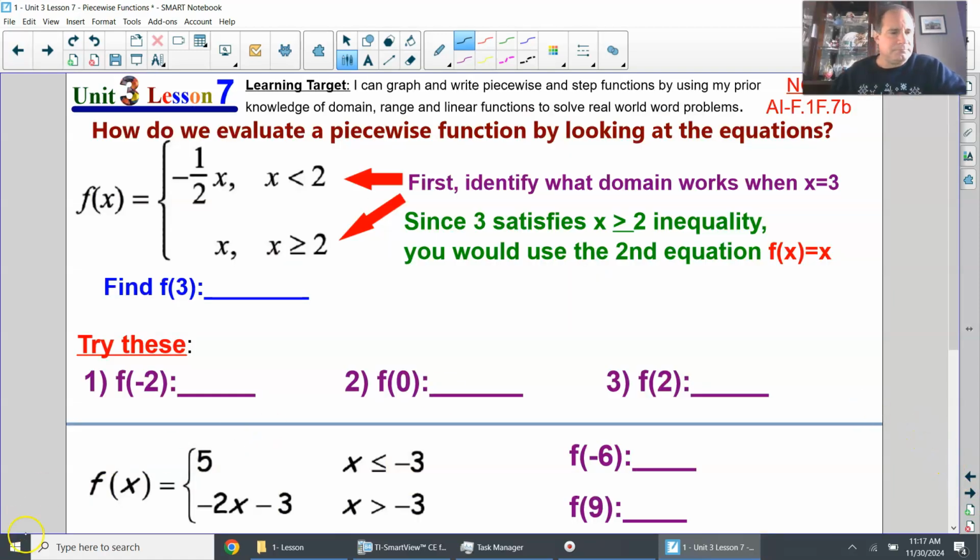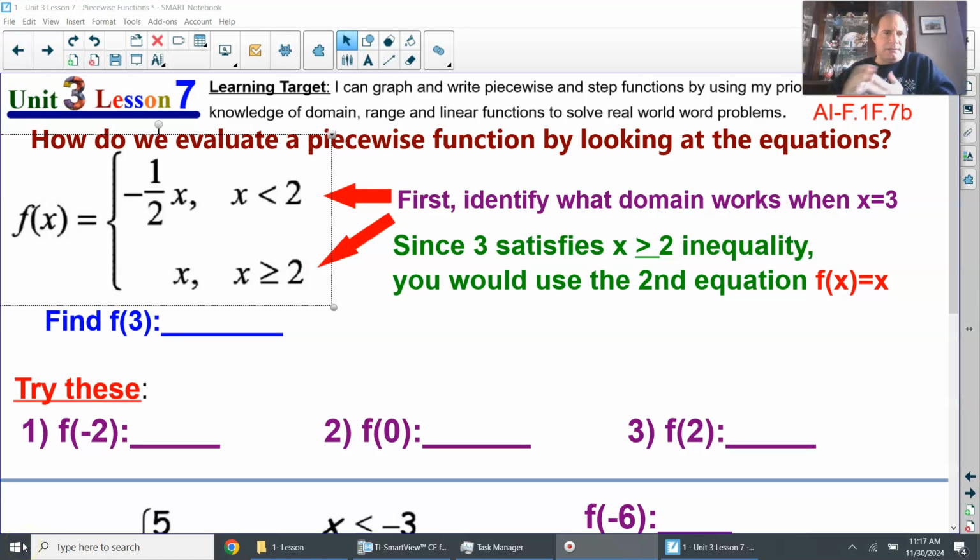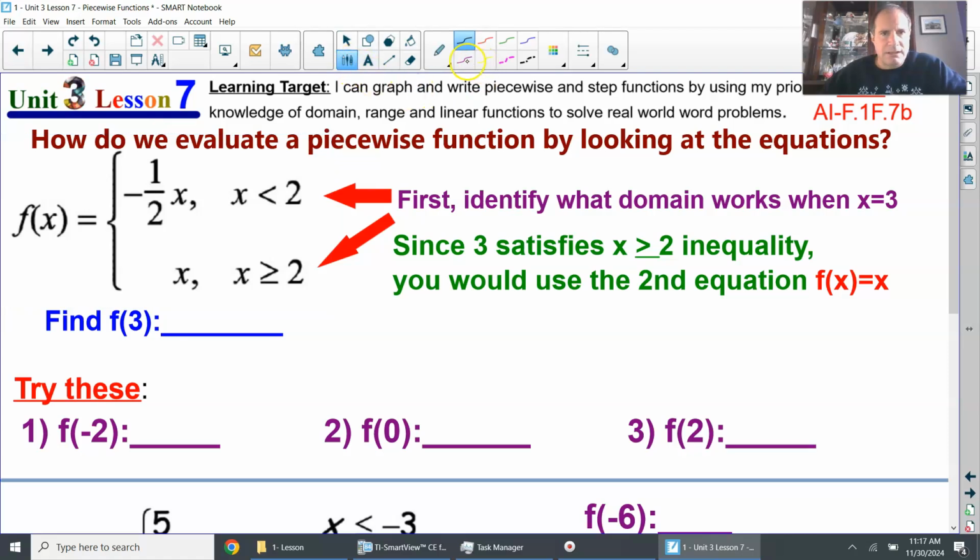All right. So now we're just going to practice evaluating the piecewise function by looking at equations and not graphs. And I think this is easier than doing the actual graphs, but you might think differently. So it says find f of 3.